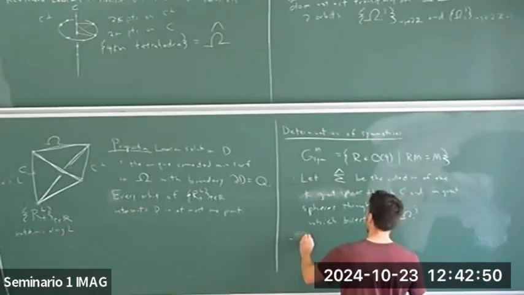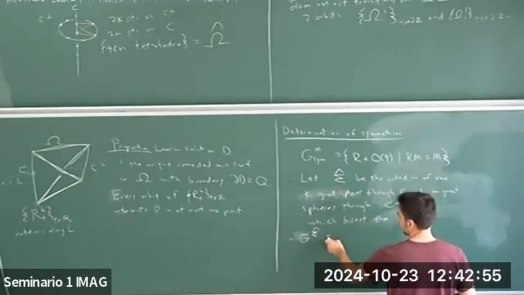Okay, now we're going to find the group G sigma hat, which is just going to be reflections through all those spheres.